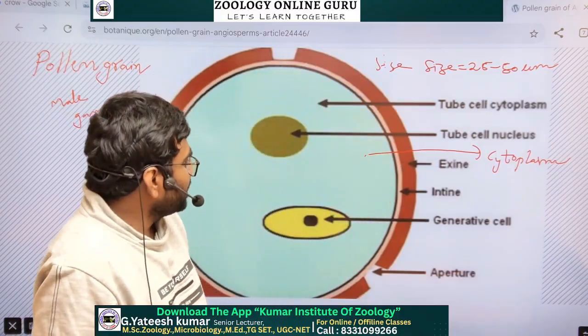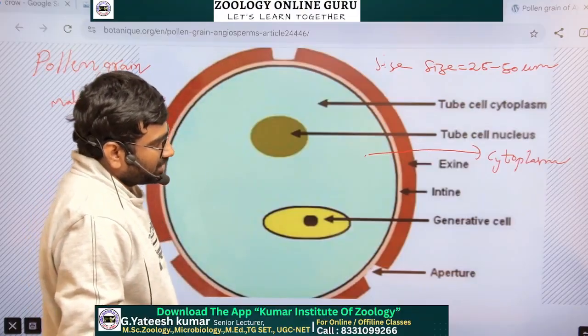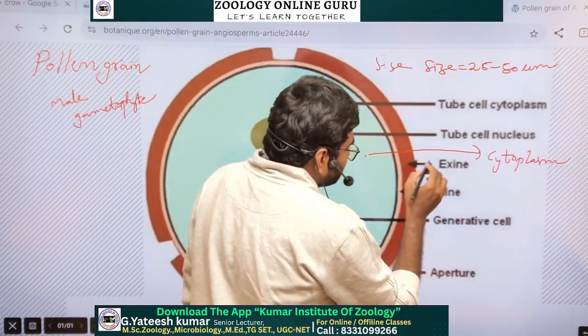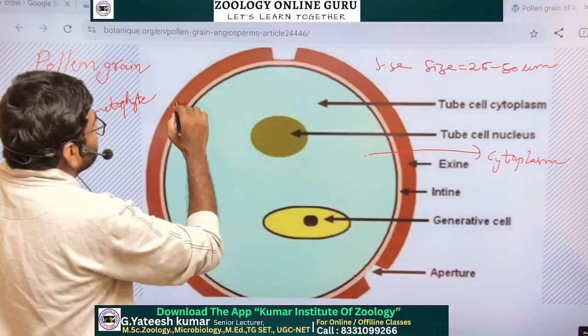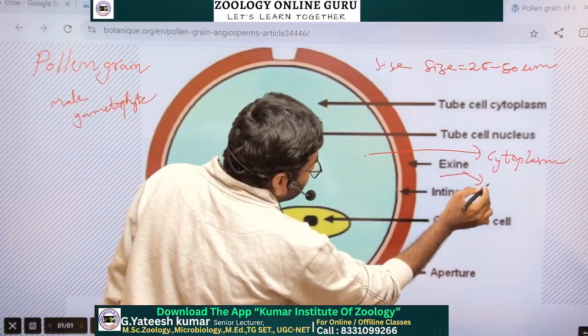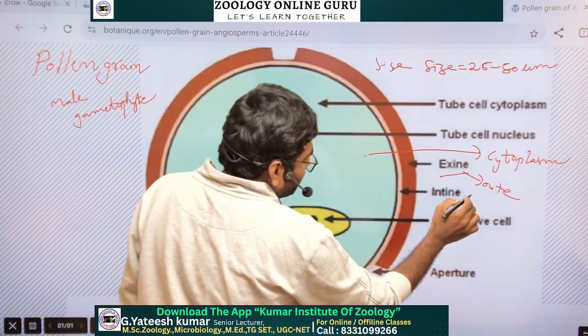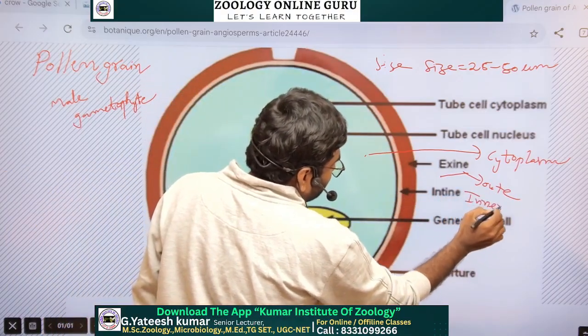Here a pollen grain has mainly two layers. One is the outer layer known as the exine, and this one is the inner layer known as the intine.